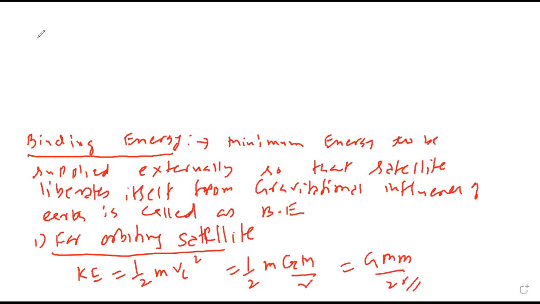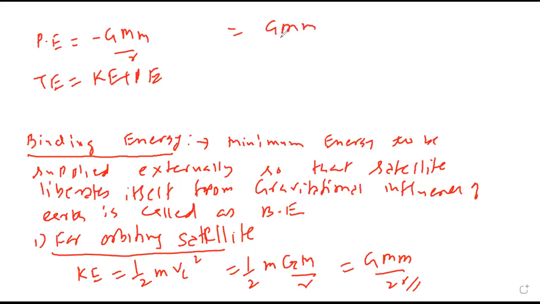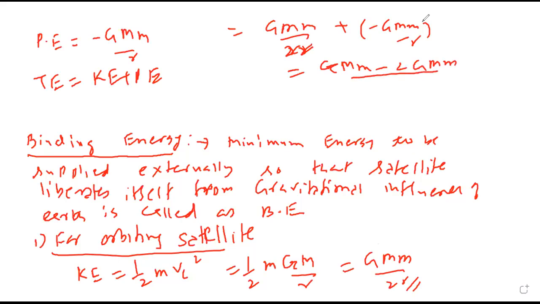This is kinetic energy. And potential energy is minus GMm by r. So total energy will be kinetic plus potential, that will become GMm upon 2r plus minus GMm upon r. So it will become GMm minus 2 times GMm upon 2r, that will be minus GMm upon 2r.